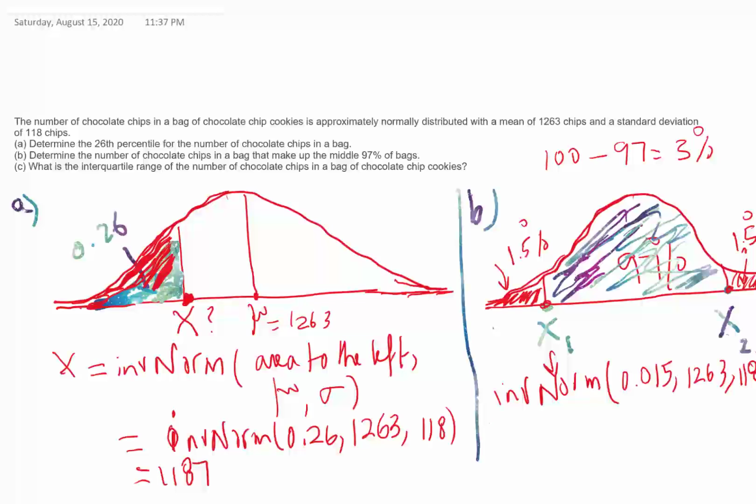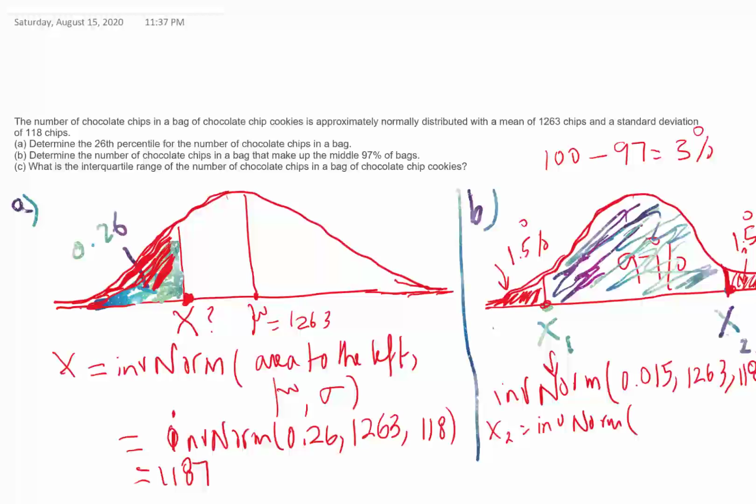For the second one, x2, it will be inverse norm. Okay, I need the area to the left again. This is how the formula works. If the area to the right of x2 is 1.5%, what's the area to the left?